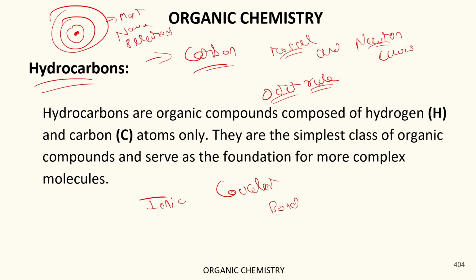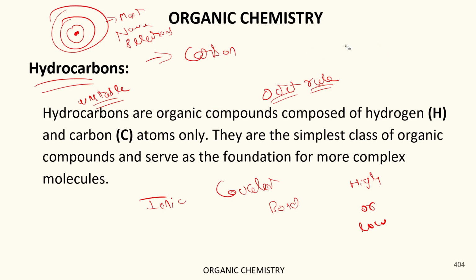Must have 8 electrons in the outermost shell. If the atom does not have 8 electrons in the outermost shell, then it will be unstable, whether the electrons are high or low. But if they are not 8 in the outermost shell, then the atom will be unstable. Okay, it was dictated by the octet rule.